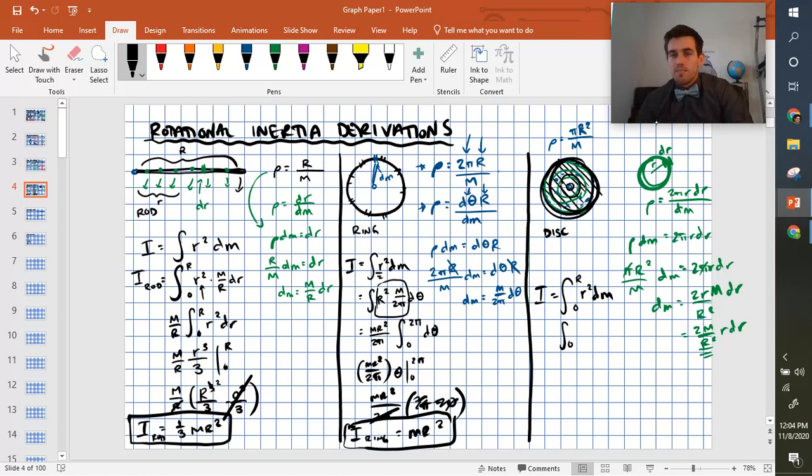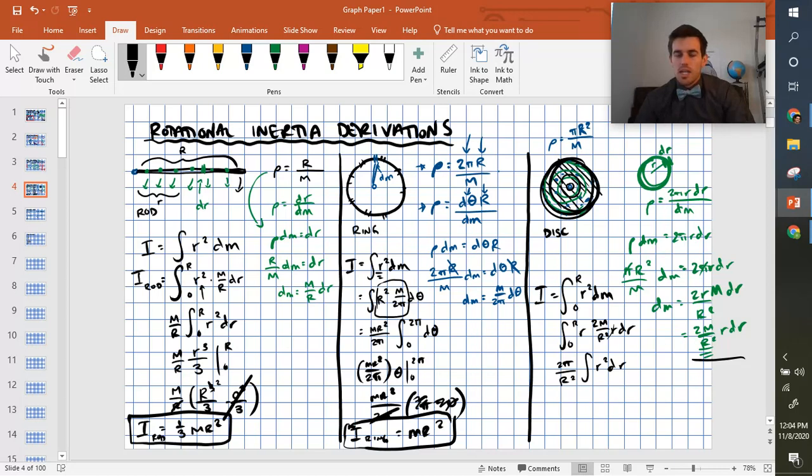But I know that dm is this giant mess here, 2M over R squared r dr. So I can pull all the constants out front. That's going to be 2M over R squared. And then I'm going to integrate with respect to r, I have 2 r's there, so that's r squared dr. All right, power rule.